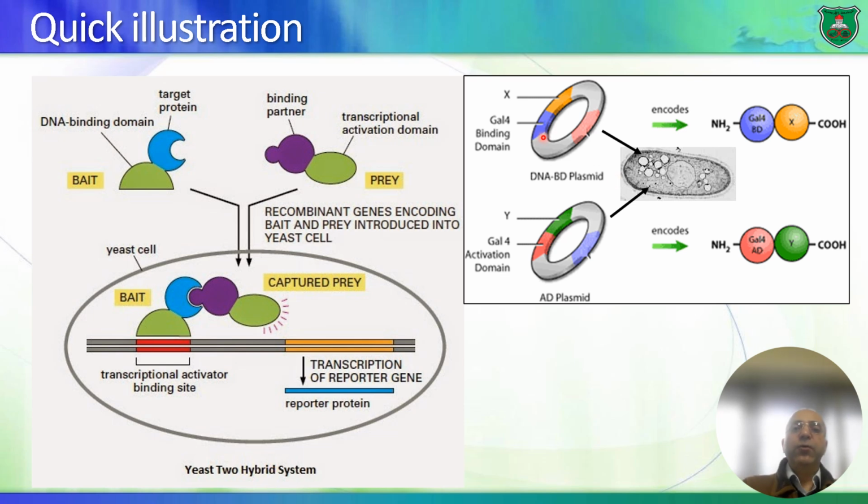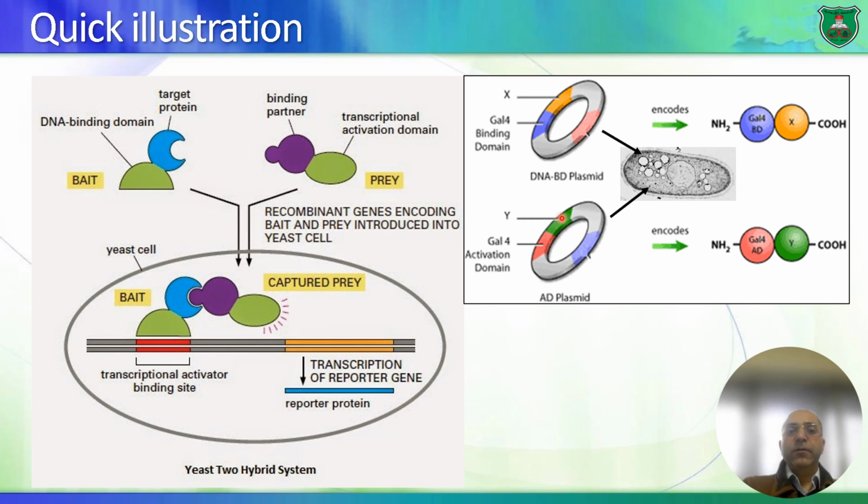And that's what we do. We create 2 plasmids, and these 2 plasmids are expression plasmids. We're going to put on one of them the gene for protein X, and it would be produced as a recombinant protein with the Gal4 DNA binding domain. So when X is produced, it's produced with the Gal4 DNA binding domain.